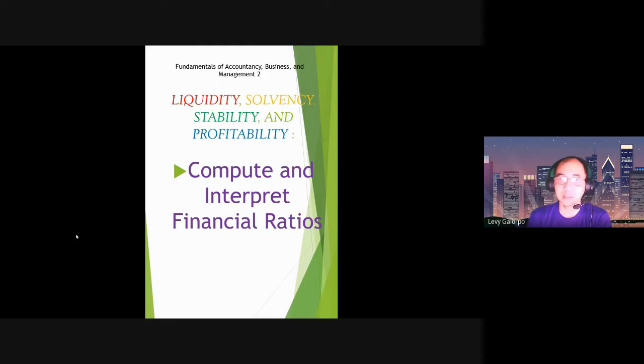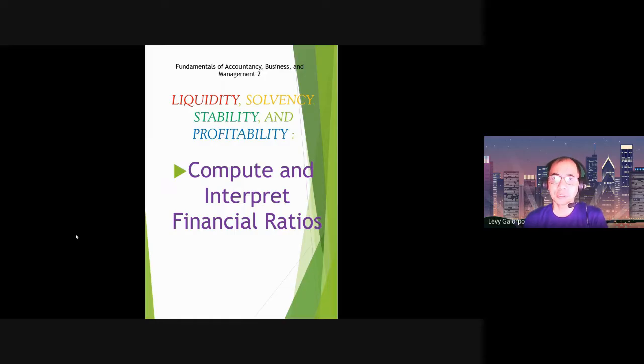So, as I have said, yung ating i-discuss ay ang tungkol sa pag-analyze ng financial statement na nandito na sa ating harapan. Okay? Kagaya ng liquidity, solvency, stability, and profitability. Naririnig na natin yan, madalas, sa mga business people, lalo sa mga may katungkulan like mga managers, lagi nilang napag-uusapan ang tungkol diyan.